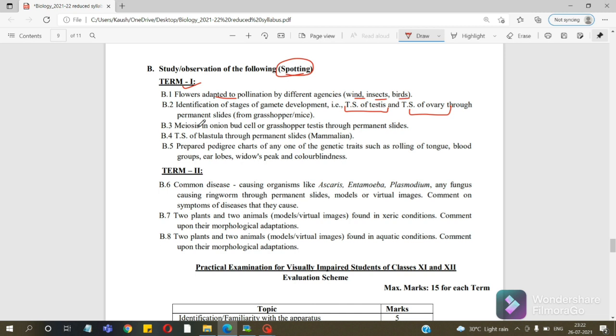In the next spotting you have meiosis in onion bud cell and grasshopper testes through permanent slide. Next, one more permanent slide will be there, TS of blastula, that is mammalian blastula. Next, prepare a pedigree chart for rolling of tongue, blood group, earlobes, widow's peak, and color blindness.